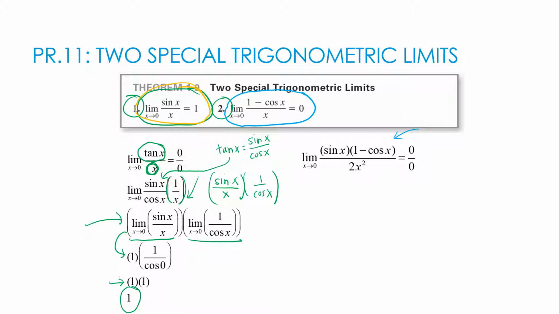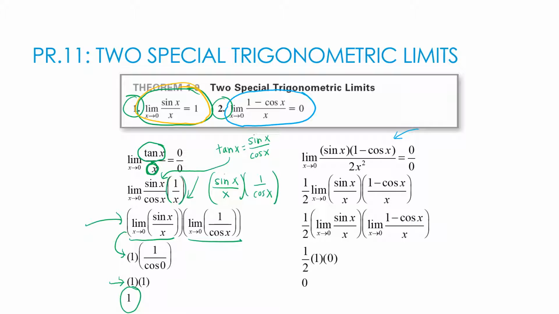So what did I do? I wanted to look at 1 minus cosine x over x. And so I took this 2 and said, that's a constant, let's move it to the outside, turned it into 1/2. Then I said, there is an x squared on the bottom, and these are being multiplied, so it's perfectly legal for me to write 1 minus cosine of x over x and then sine x over x.